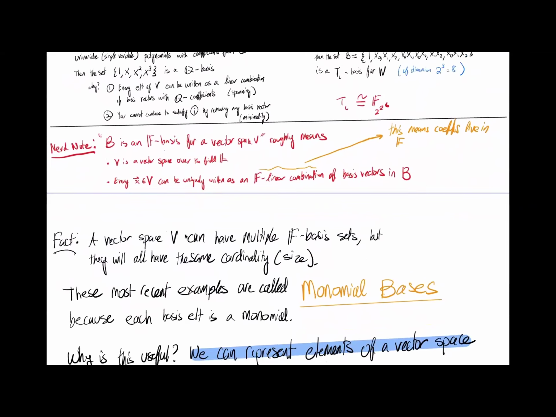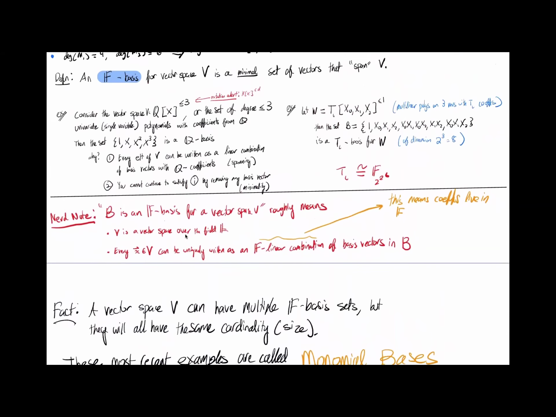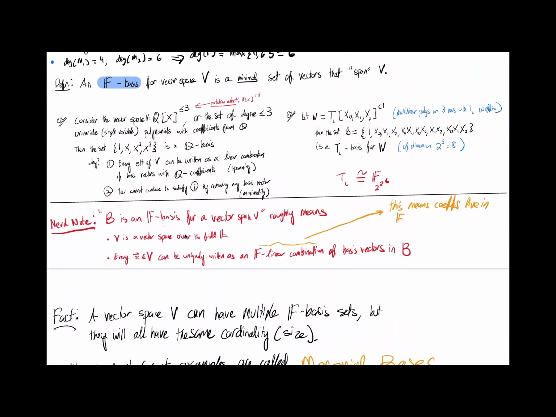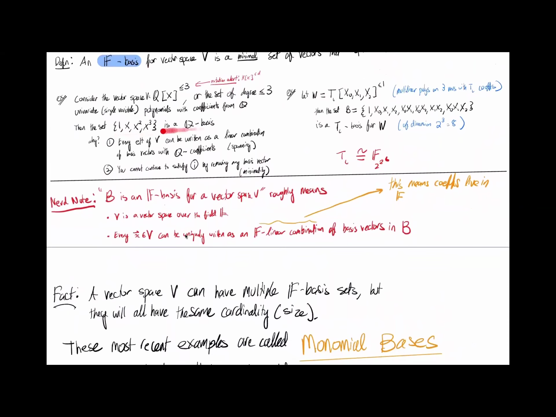Cool. I'll give more motivation when I think it's useful for examples like this. But these two examples of vector spaces, the bases that we gave are called monomial bases. Why are they called monomial bases?